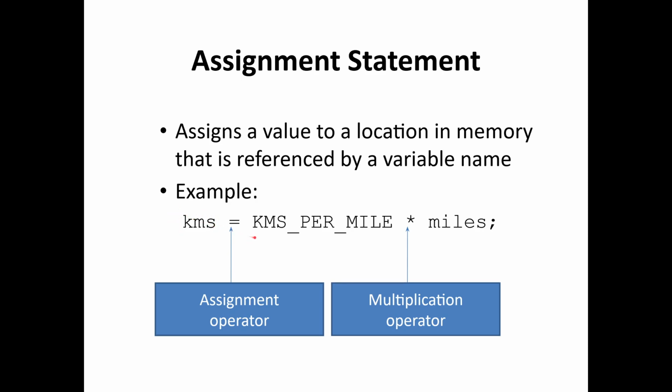So in this case, what we do is we have a given number of miles and a conversion constant. We multiply them together, and we store the result of all of this in KMS. There are particular rules governing what you can do with the assignment operator that we will go more in depth in later.